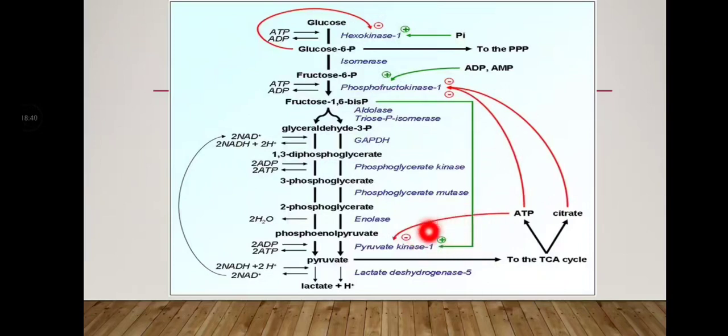Again, there are 3 regulatory steps, but the most important, which is also considered to be the rate limiting step, is the conversion of fructose 6-phosphate to fructose 1,6 bisphosphate, catalyzed by the enzyme phosphofructokinase 1, inhibited by ATP and citrate, but activated by ADP and AMP. They activate the enzyme.